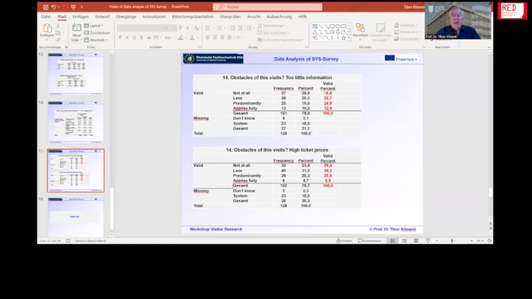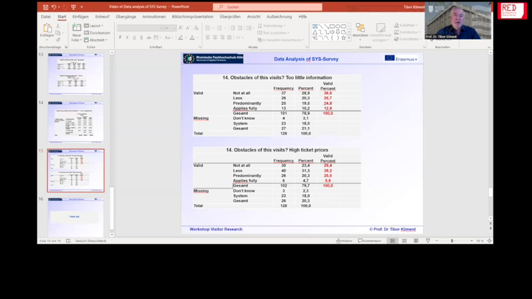Here we can see too little information. 28% valid percent. We don't want missing cases here. So we have 28% predominantly and 13% applies fully, say they have too little information.